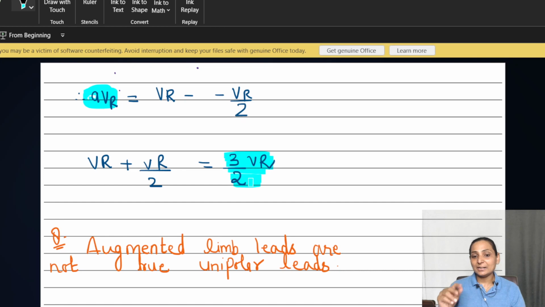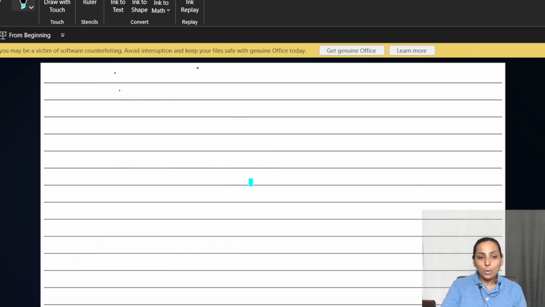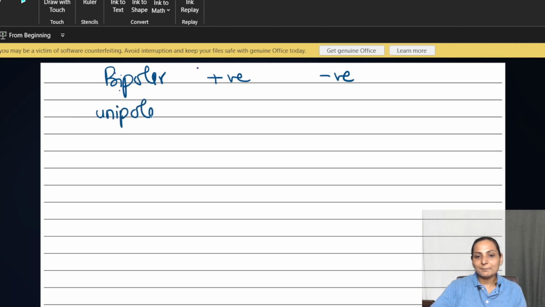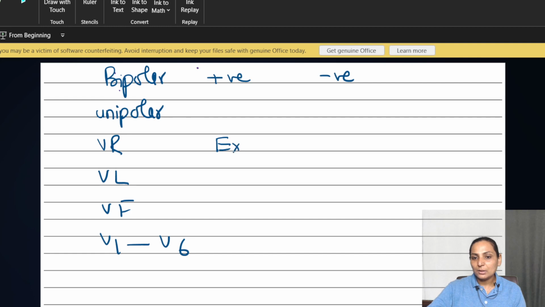Remember that augmented limbs are actually unipolar, but they are behaving bipolar, right? So I've put in all my efforts, boys and girls, to teach you that we have got bipolar, where one is positive, another is negative. Then we have got unipolar limb leads. Unipolar becomes VR, VL, VF, and the 6 chest leads, which is the exploring or the active electrode minus the indifferent electrode.